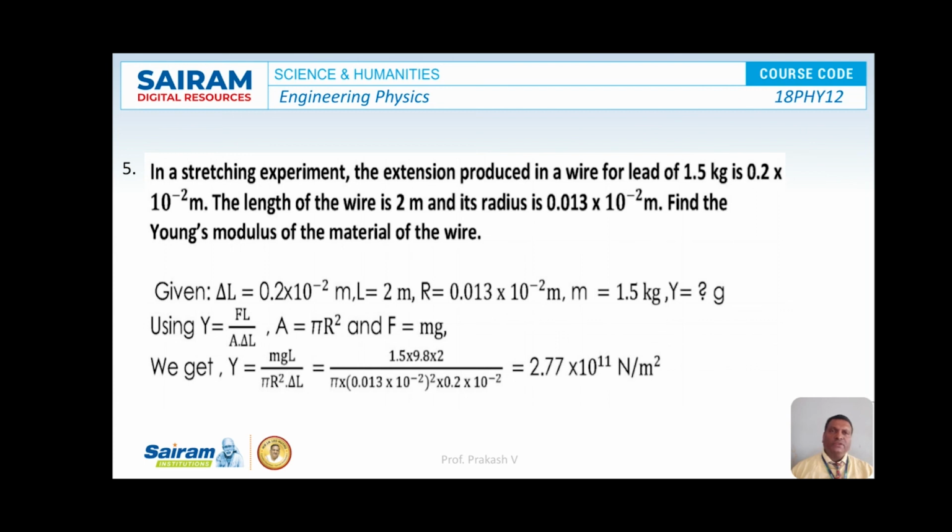On simplification, the Young's modulus value Y is equal to 2.77 into 10 to the power of 11 Newton per meter square. So this is the value for Young's modulus of the material.